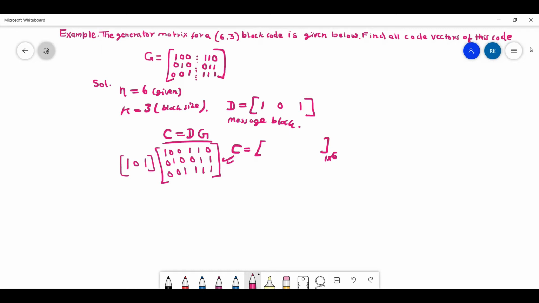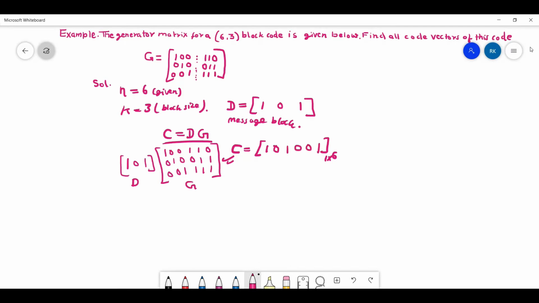I'm going to write down these 6 values obtained by multiplying d with g. So ultimately we are going to have 1 0 1 0 0 and 1.